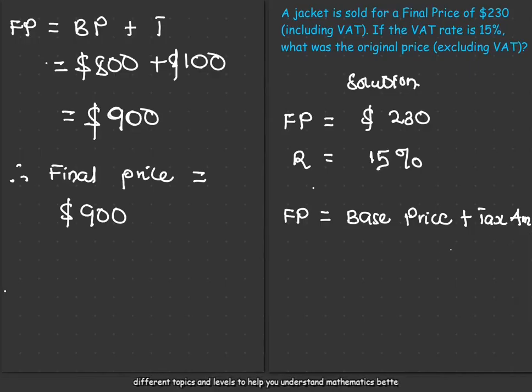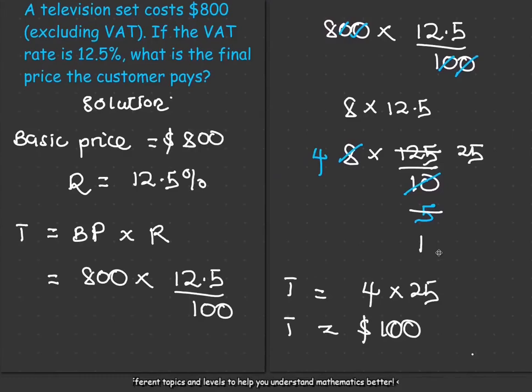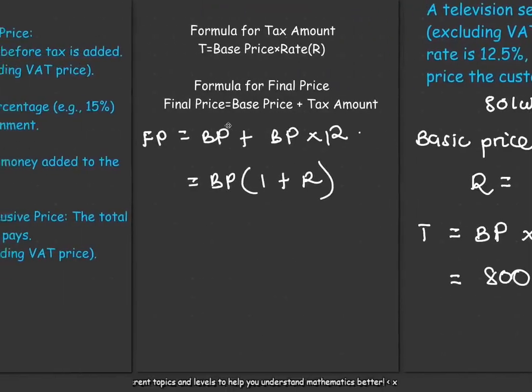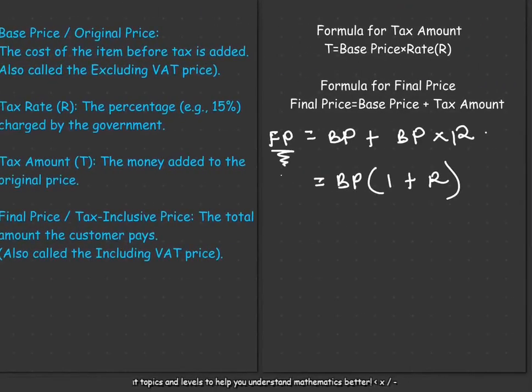You see, earlier on in the introductory video, we saw that if you have your final price being given as base price plus base price times R, where base price times R gives us our tax amount, do you see?